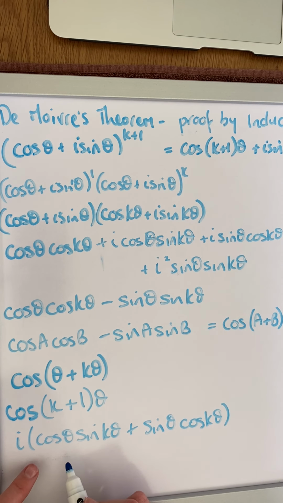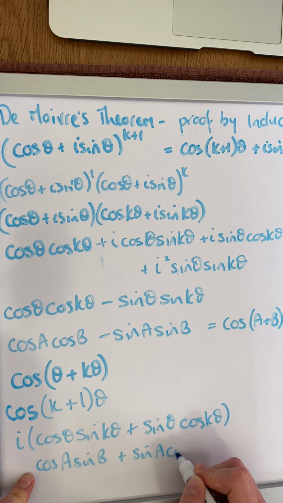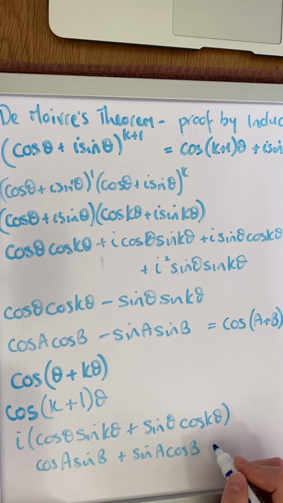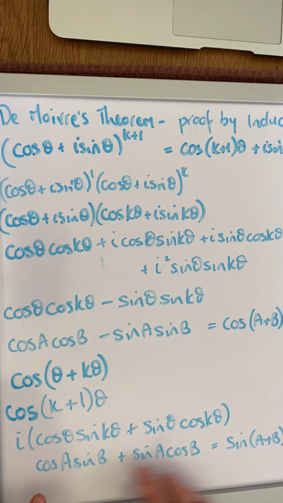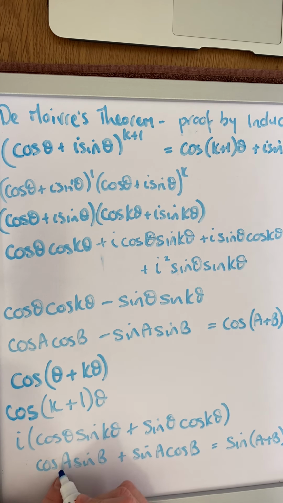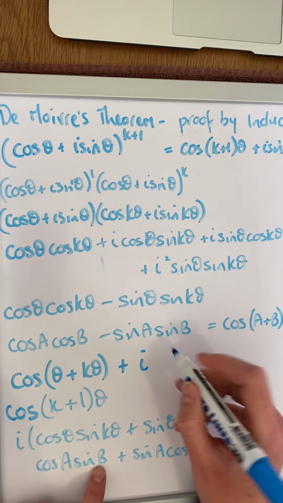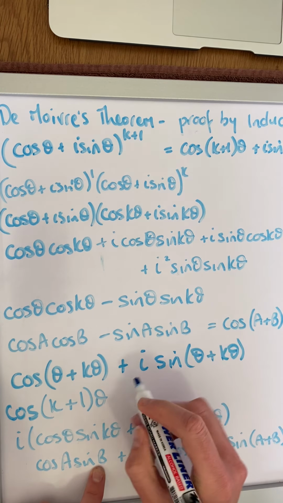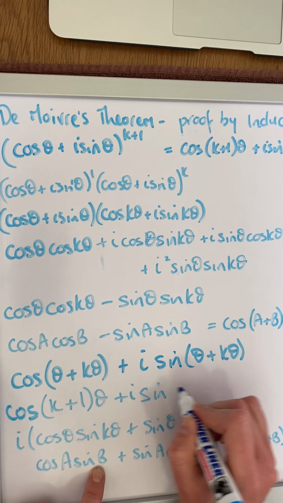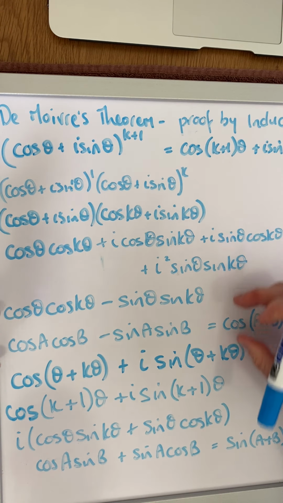Again, from page 14 of the log tables, we're looking at cos A sine B plus sine A cos B, which can be written as the sine of A plus B. So given that identity, and again given that A is theta, B is k theta, we're looking at i times the sine of theta plus k theta, which is i sine (k plus 1) times theta. So that's where our identities come from.